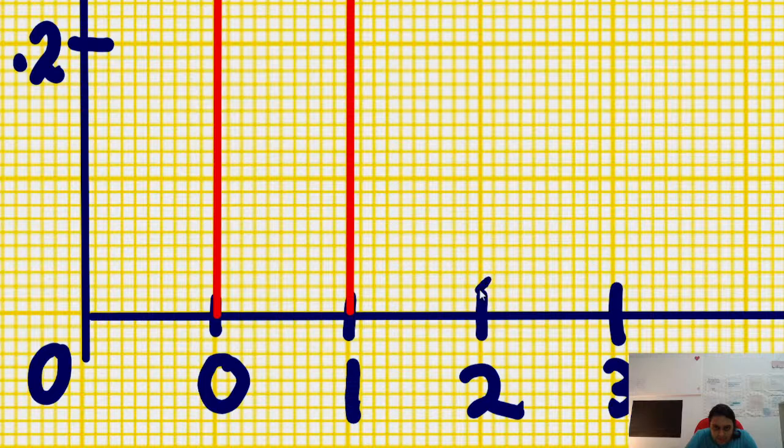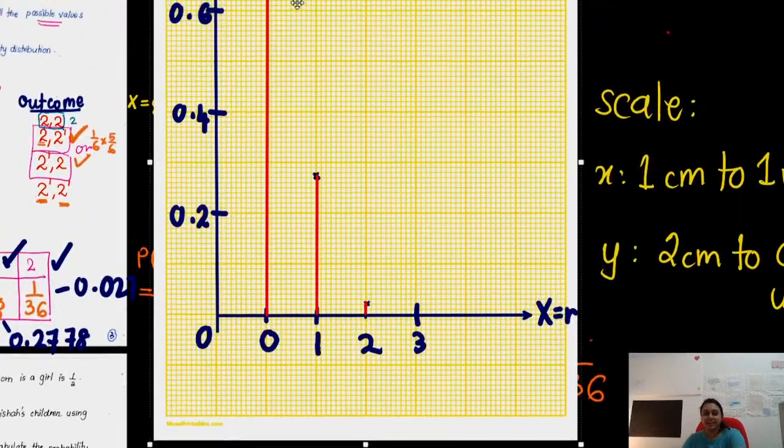It's extremely small because the number is 0.02. So I draw a straight line. It's very short. Let me bring the line straight. So small. Super small straight line.